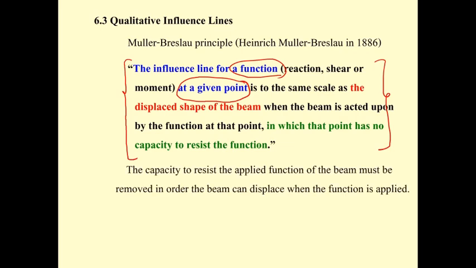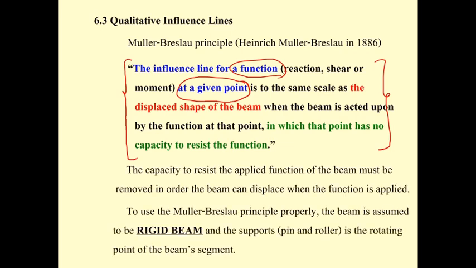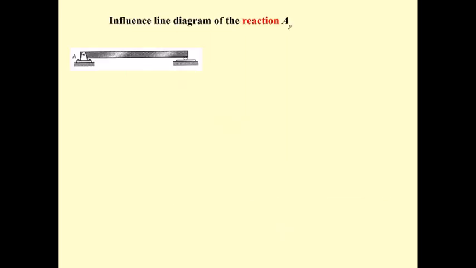Okay, let me show you like this. But before I show you, one more thing: the beam here is always a rigid beam. So the influence line of a statically determinate structure is going to be a straight line, or rather a series of straight lines. And then let's see.